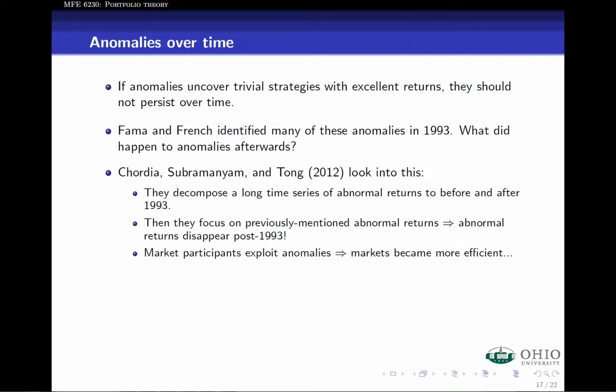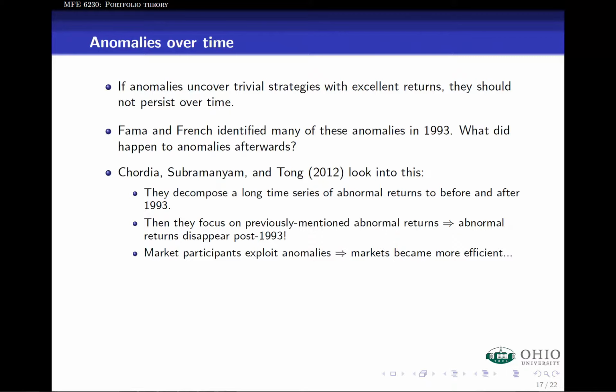It was publicized there. So let's see if the behavior of returns and investment volume, things like that, has actually experienced any change after 1993 compared to before. So what they did, they looked at the long time series of abnormal returns for before and after 1993. And then they focus on the previously mentioned abnormal returns, right?